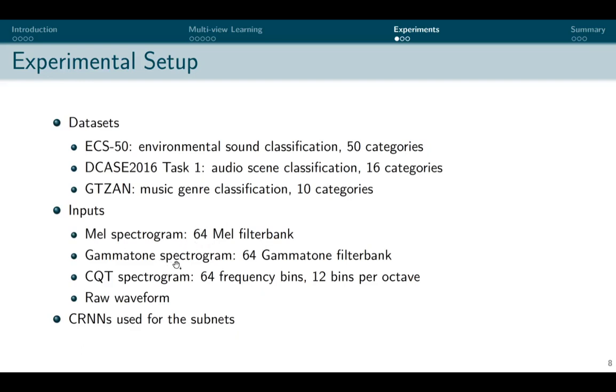Similarly for the gammatone spectrogram, we also have a 64 gammatone filter bank. For the CQT, we opt for 64 frequency bins with 12 bins per octave. We also use the raw waveform as input. For each subnet, we use a convolutional recurrent neural network as a realization.